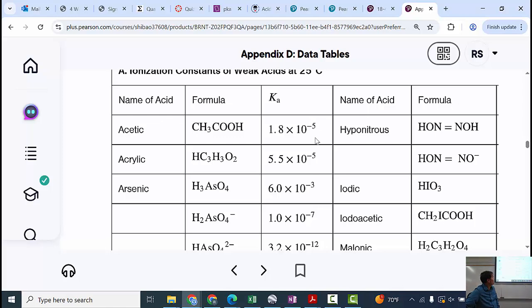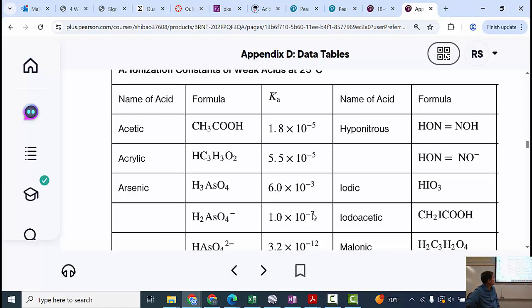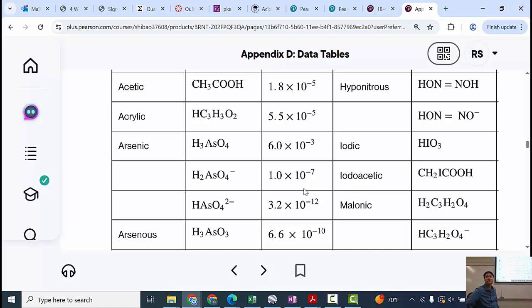Oh, here I got it. This is perfect. Do you see that? So if I made a 50-50 mix, this would be the acid component.